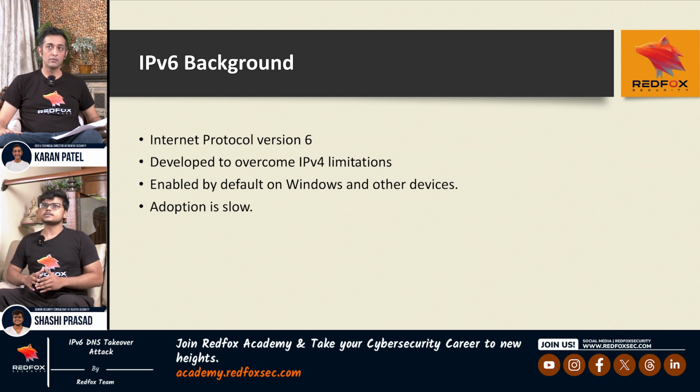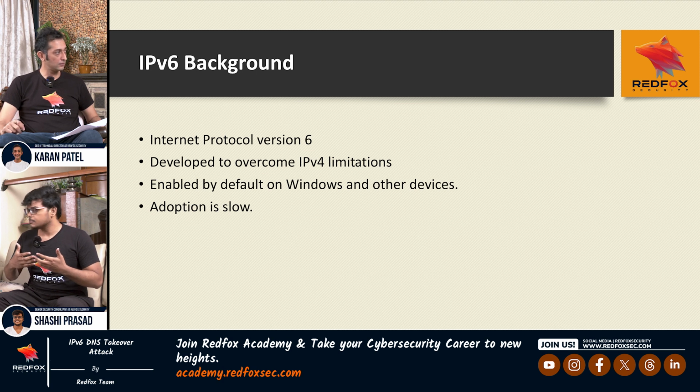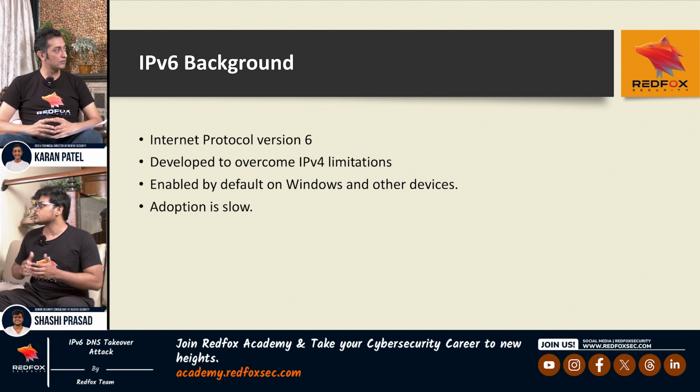So again, let's give a background on IPv6. IPv6 is the newer version of Internet Protocol. It is the successor to IPv4, and it was mainly developed to overcome the IPv4 limitations. IPv4 uses a 32-bit address space, which can cover around 4 billion devices.